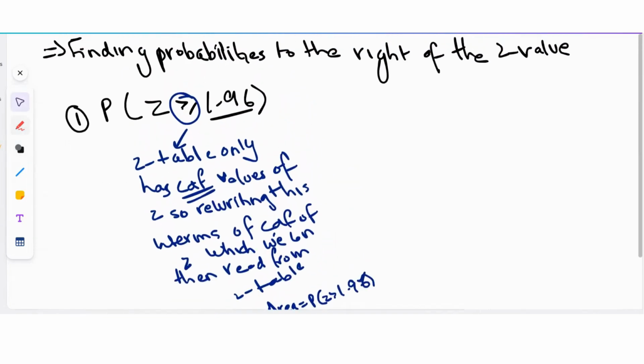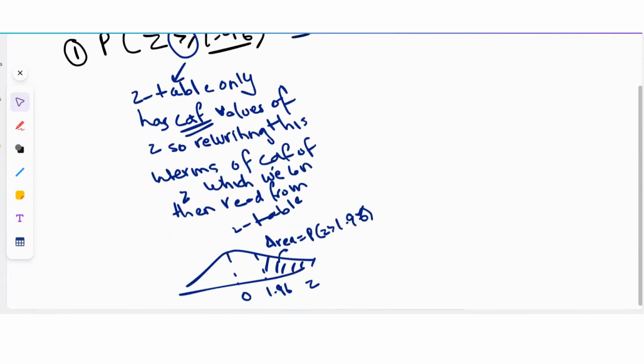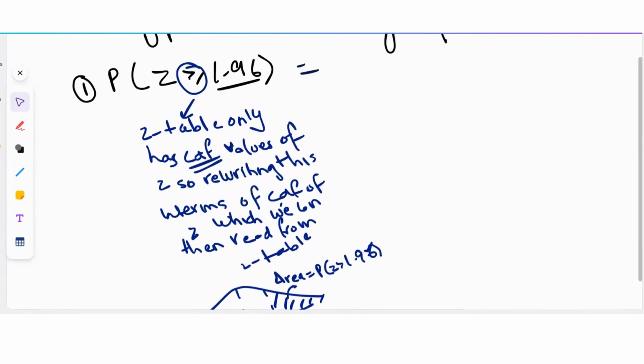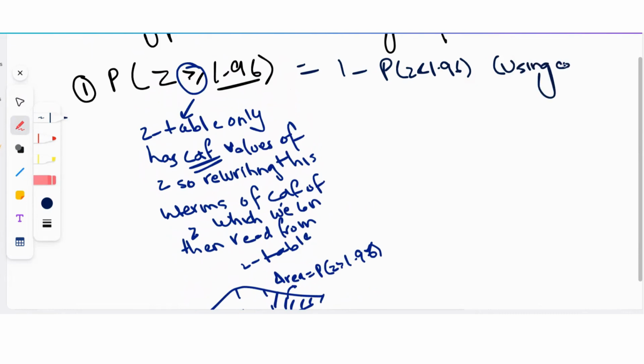So now I want to find the probability Z is greater than or equal to 1.96. Although we do have a positive value z here, it's not in terms of the CDF for Z. So we're going to rewrite it in terms of the CDF for Z. This area, which is the probability Z is greater than 1.96, can be written as 1 minus the probability Z is less than 1.96 using the complement rule.